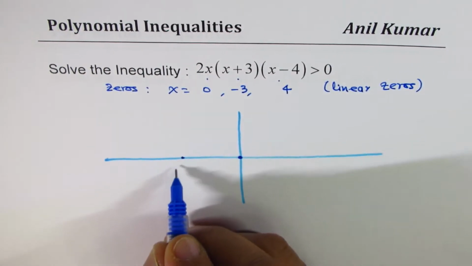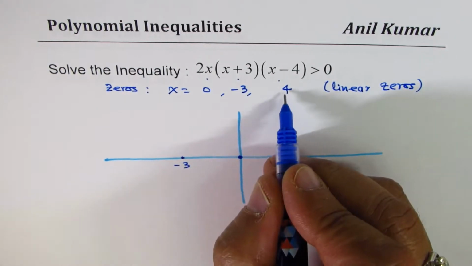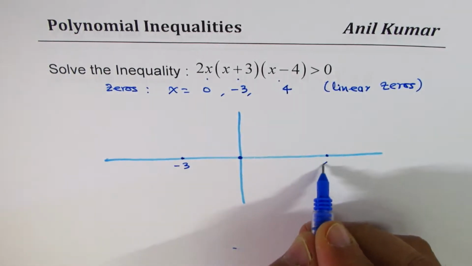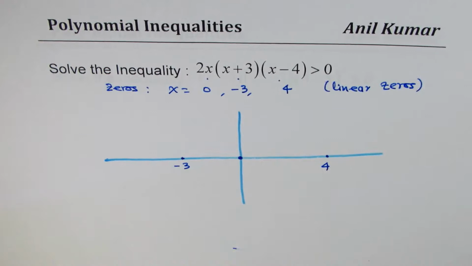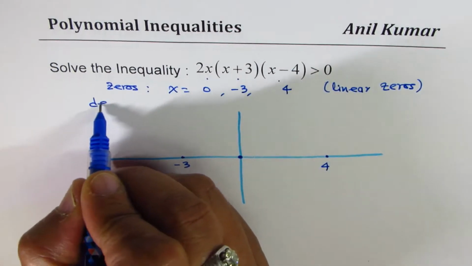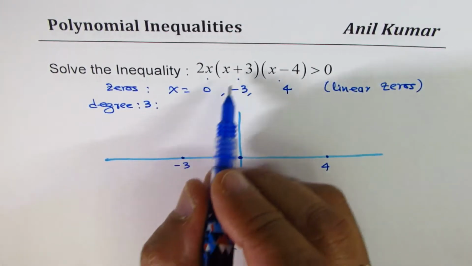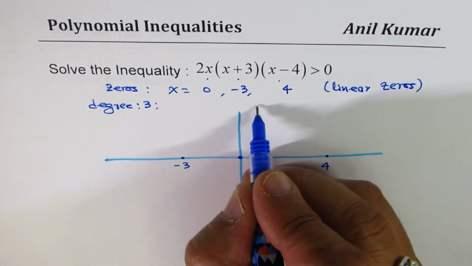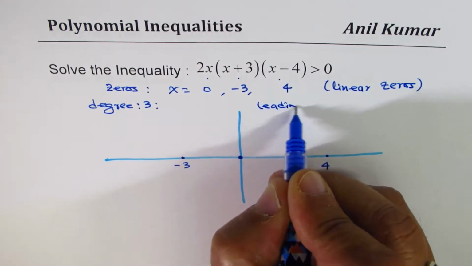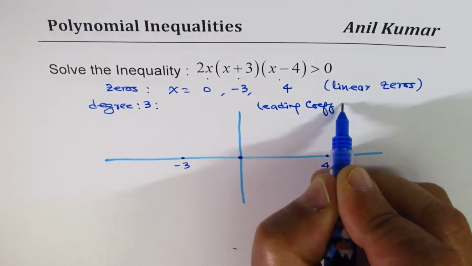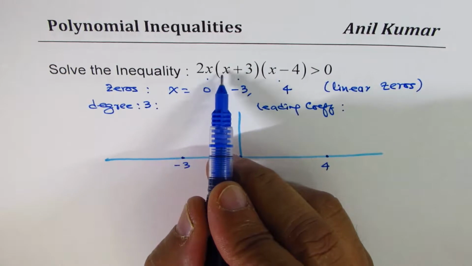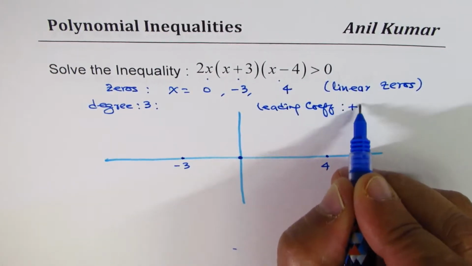Let's say this is 0, this is minus 3, and here we have 4. You can find what the leading coefficient is. We have degree 3, and the leading coefficient is how much? This is 1, this is 1, this is 2. It is positive 2.